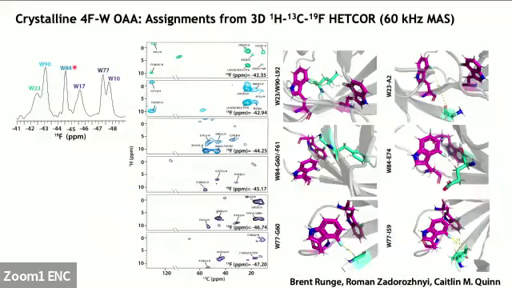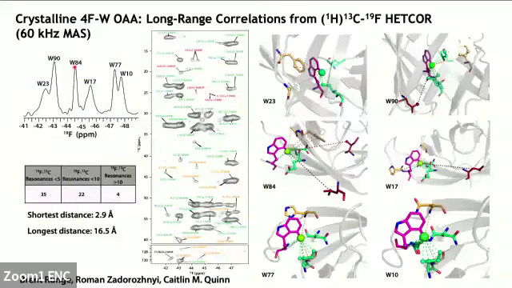But what's most interesting is that if we look at fluorine-based heteronuclear correlations, in this case in a 3-dimensional way at 60 kilohertz magic angle spinning, there are proton-carbon planes from the 3D experiment across each of the fluorine signals. You can see that the peaks are very well resolved, and there are correlations which correspond to distances up to 10 angstroms.